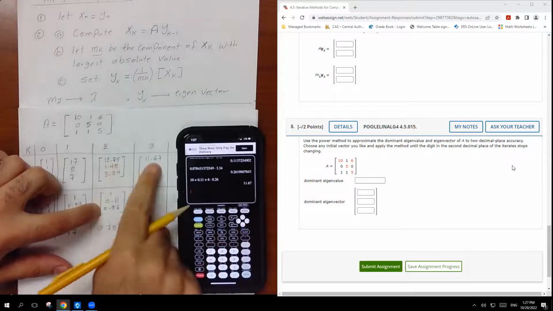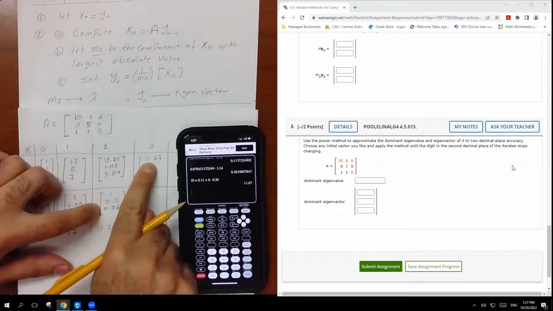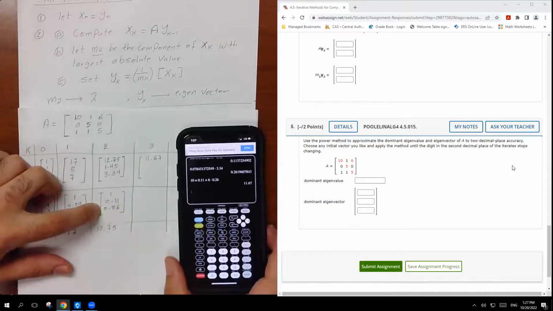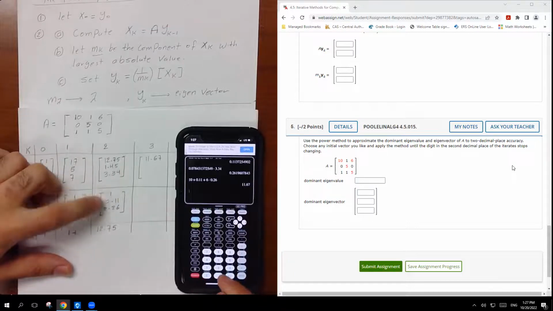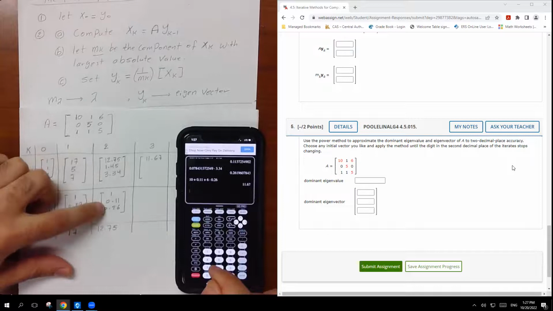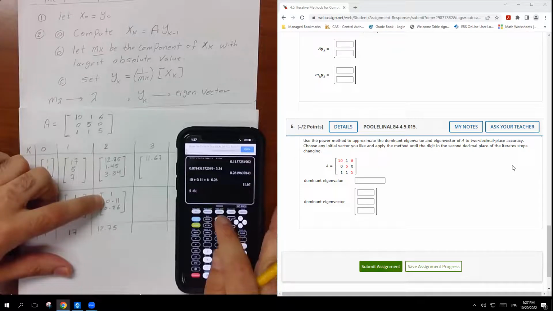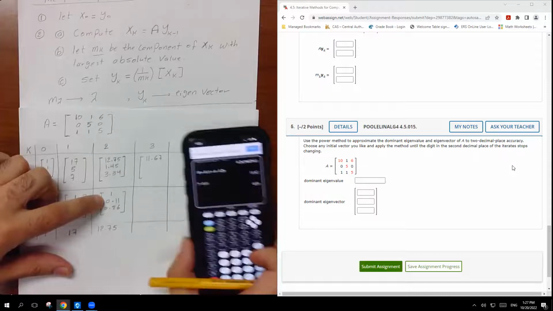So check the difference in the dominant eigenvalue, between 12 now and 11. We're approaching, I think, 11. Yeah, we approach 11. And the second number is going to be 0 times this number, 5 times 0.11, which is going to be 0.55.